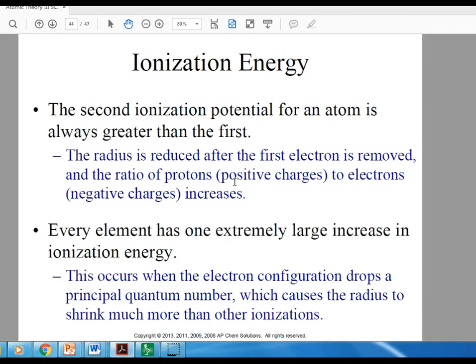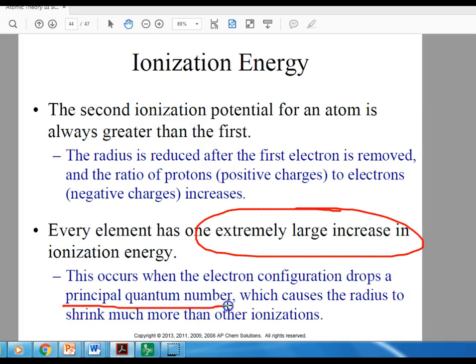However, every element has one extremely large increase in the ionization energy, and that occurs when you're dropping that principal quantum number. Okay, another way to say that is when you're dropping energy levels. That is causing your radius to shrink much more than if you're just losing an electron on the outer shell and you still have some left.